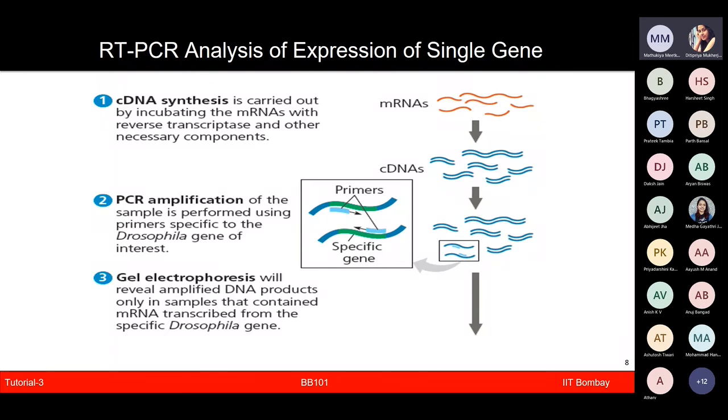That's why we call it cDNA. So in RT-PCR, mRNA gets converted into cDNA with reverse transcriptase, which does exactly the opposite of what transcription does. Transcription makes RNA from a DNA template, while reverse transcriptase makes DNA from RNA.